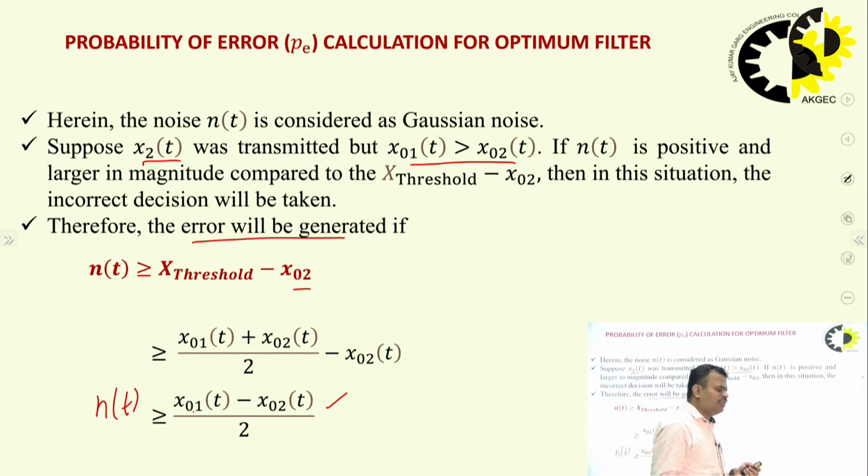So error will be there whenever you are not getting the correct signal, or your assumption, your determination, your detection will be incorrect.